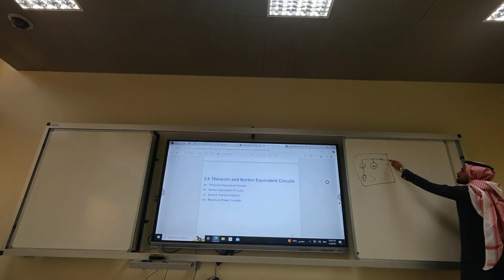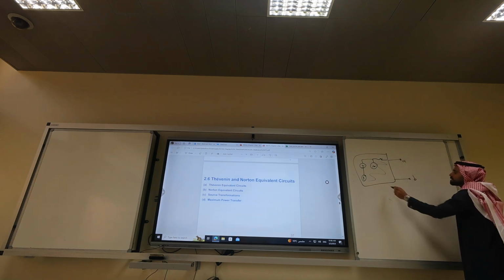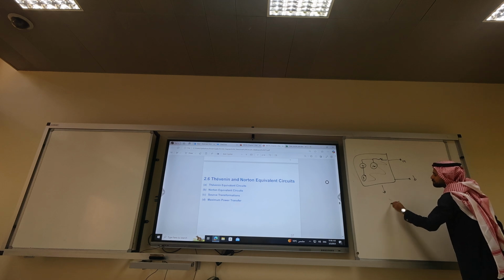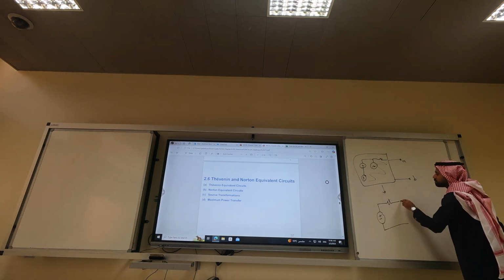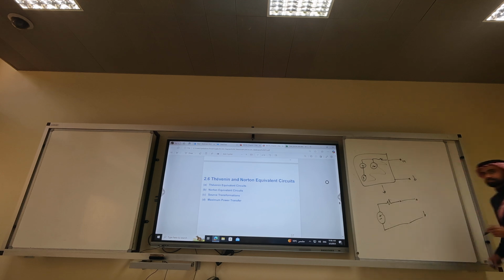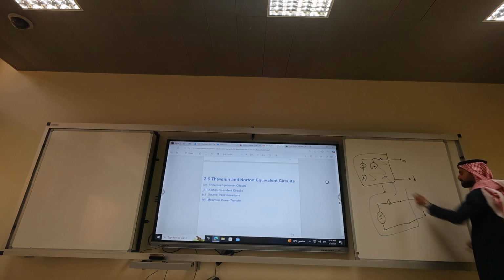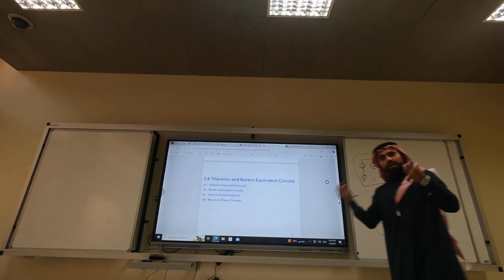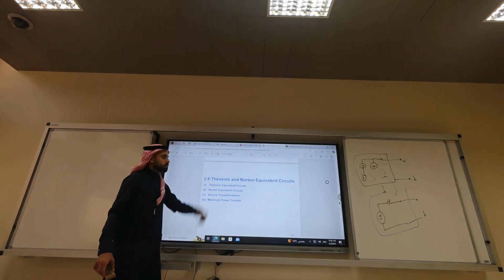How can I, in two terminals of the system, A and B, replace it with a simple resistor and a simple voltage source to mimic the same A and B? In other words, can I have a box that mimics this behavior? If we have this, then that's called Thevenin equivalent.